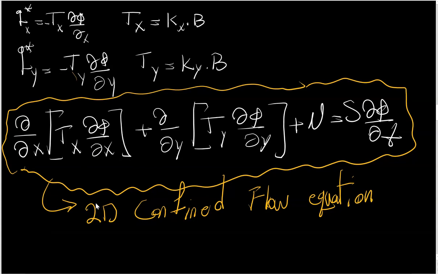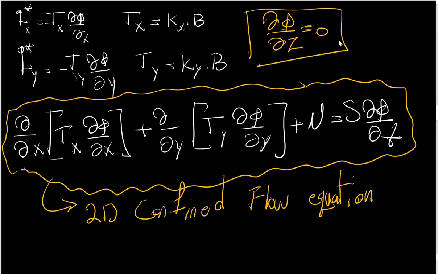So for some reason, I wanted to derive the 2D equation this way because I wanted you to think that technically you can. It's very, very important to note that the 2D concept is valid if partial phi over partial z is 0. So it means that this is valid if you assume that your flow, your streamlines, are parallel in both x and y direction.